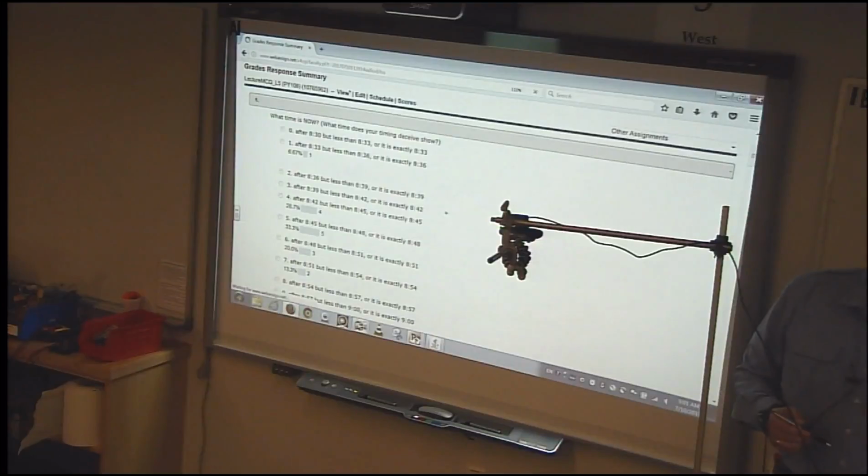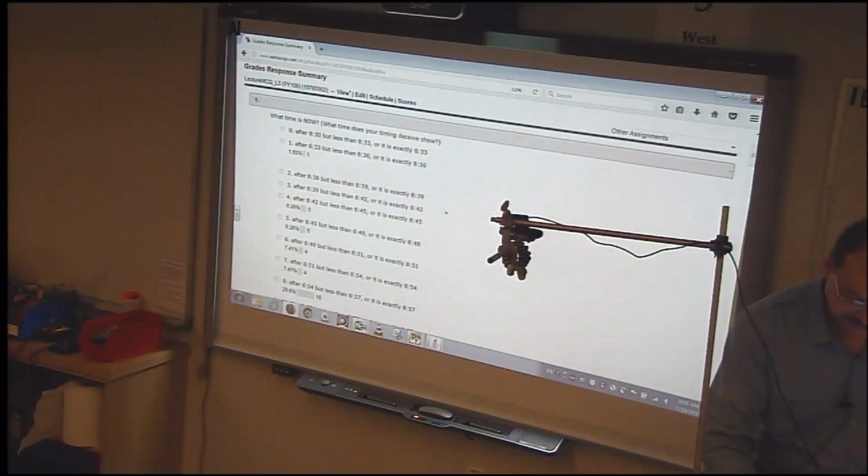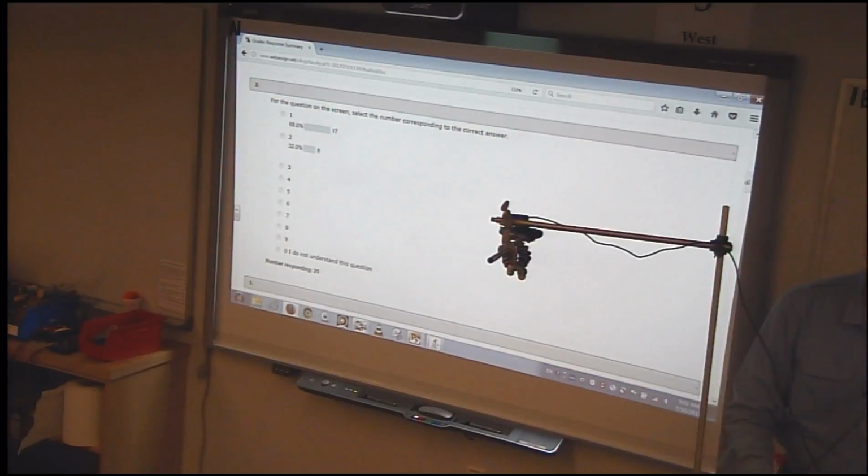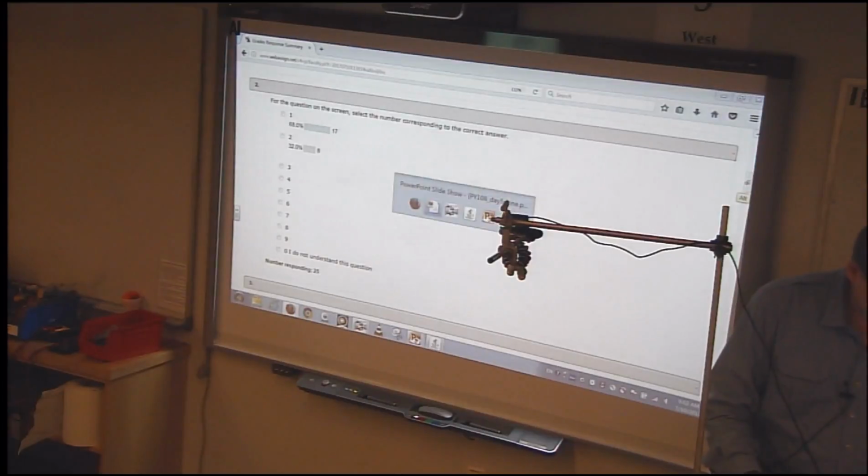So this camera is supposed to capture the screen, but just in case I also have a backup camera. Actually, two. Just in case. Always have a backup. And a backup for the backup. All right. 17 versus 8. Well, let's wait a little bit longer.